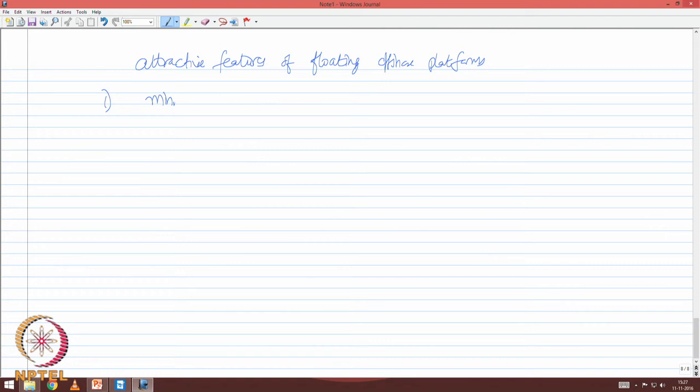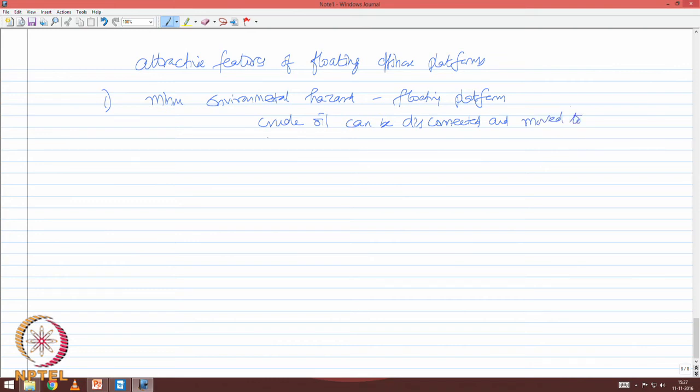There is a minimum environmental hazard caused by a floating platform, because crude oil can be disconnected and moved to the shielded area when there is a severe storm.